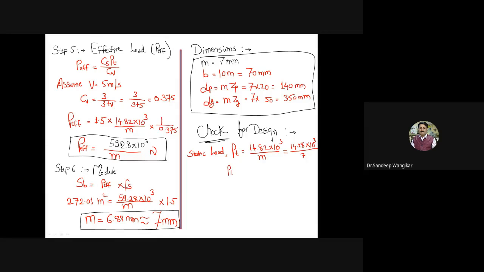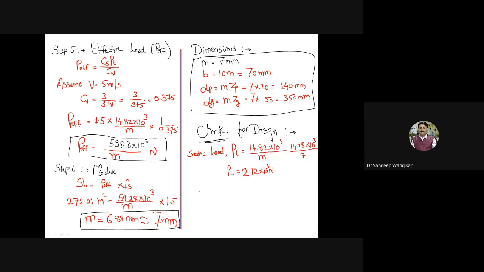So I can calculate here PT is equal to, tell me the value for PT in Newton. 2.117. Okay, so I will say 2.12 into 10 raised to 3.